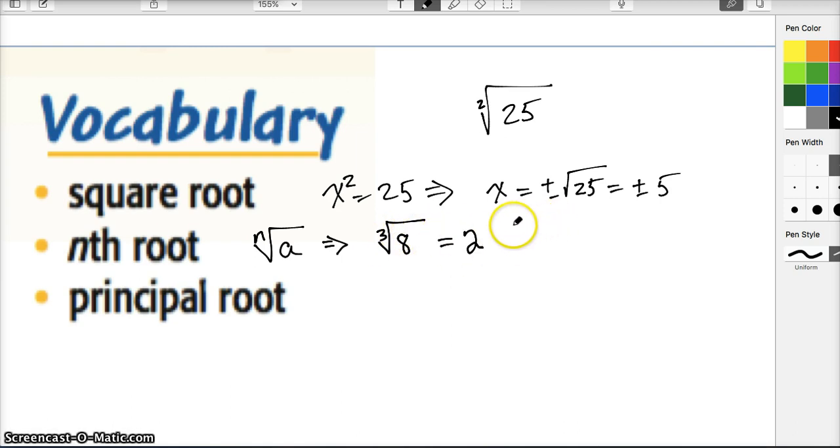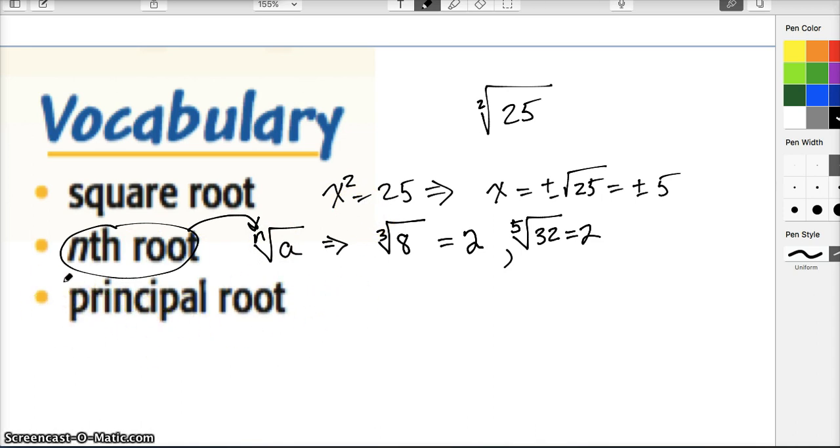I could also have the fifth root of 32, which would imply that there's a number that I can multiply 5 times to get 32, which also happens to be 2. So we call this idea of having an index number out here the nth root. I hope that makes sense. Hopefully the examples will help out.